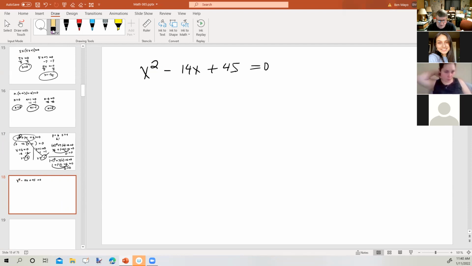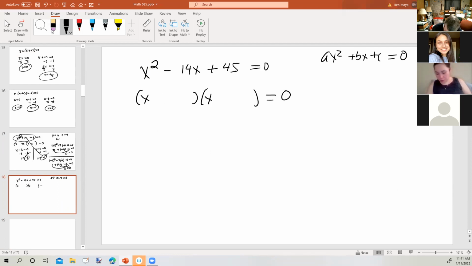And it's in standard form. That is, it's in the form ax squared plus bx plus c equals 0. On the left side of the equation, we have a trinomial. It doesn't have any greatest common factors, not a perfect square, but it has a leading coefficient of 1.